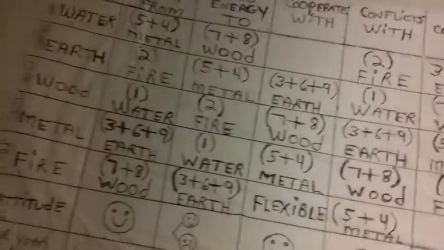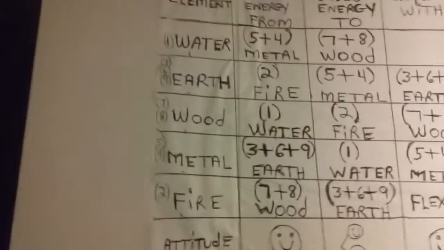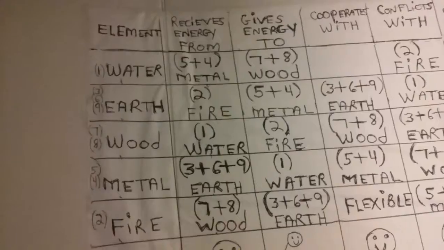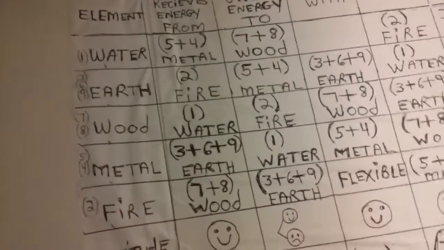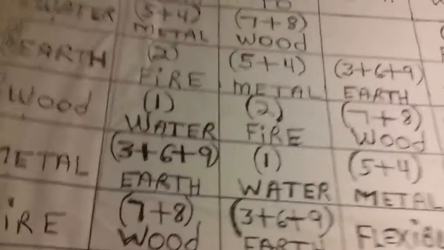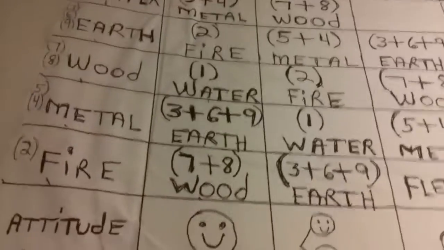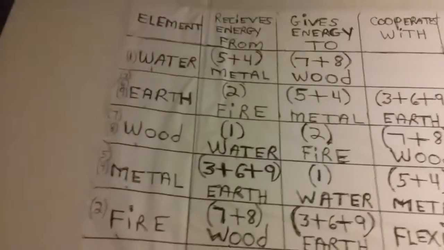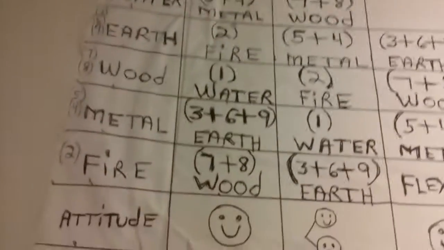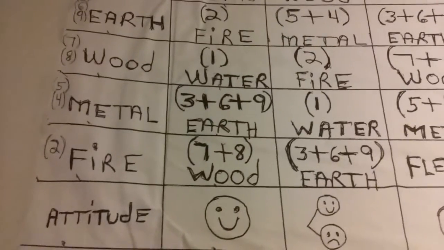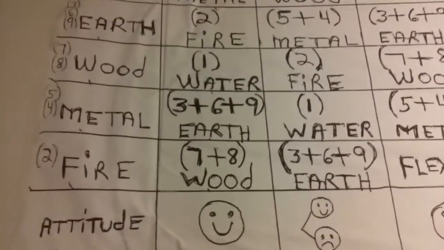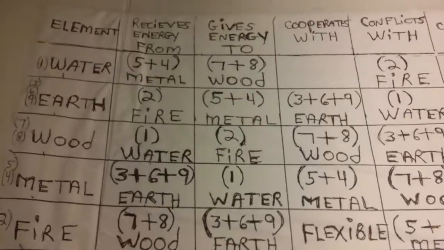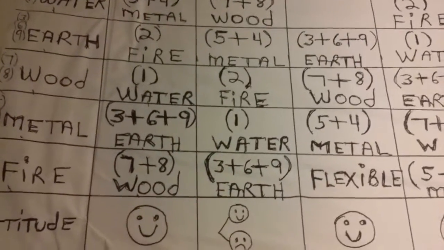In other words, if you take metal and you chop at wood, the metal beats the wood. You know, picture an axe and wood. Now with metal, it receives energy from the earth. Okay, and it gives energy to water.